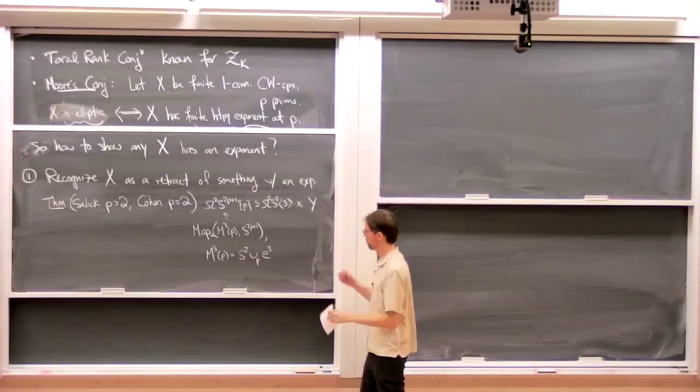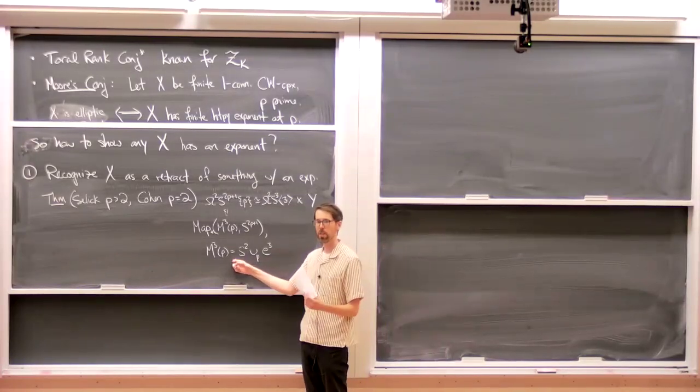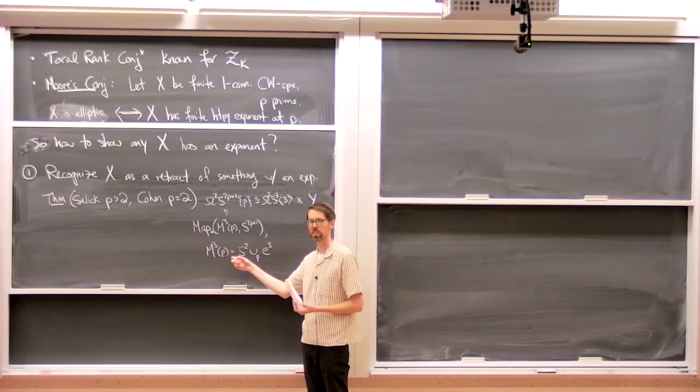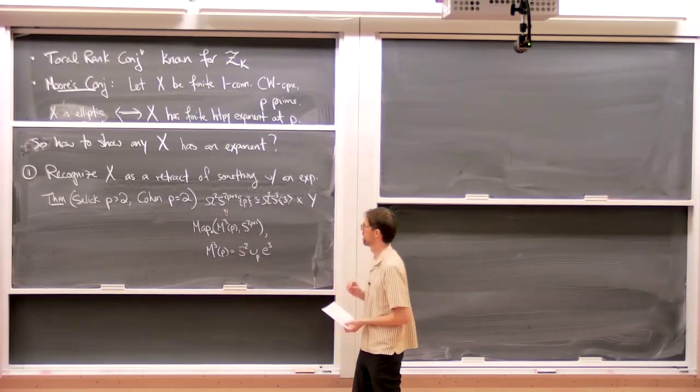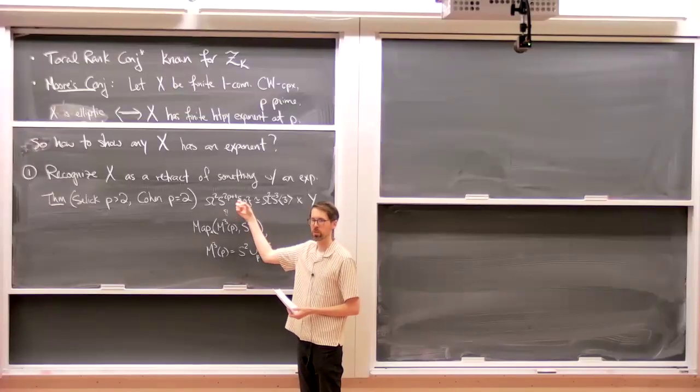And also, as we were reminded by Agnes, this space has a null homotopic degree P map if P is odd. Weirdly, the degree 2 map on the mod 2 Moore space is not null, but the degree 4 map is. So that makes the Pth power map on this loop space null, right?